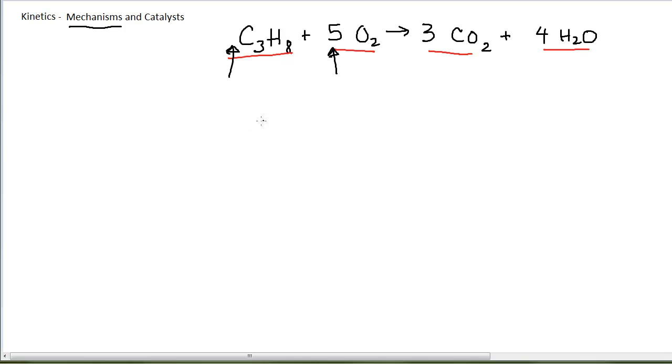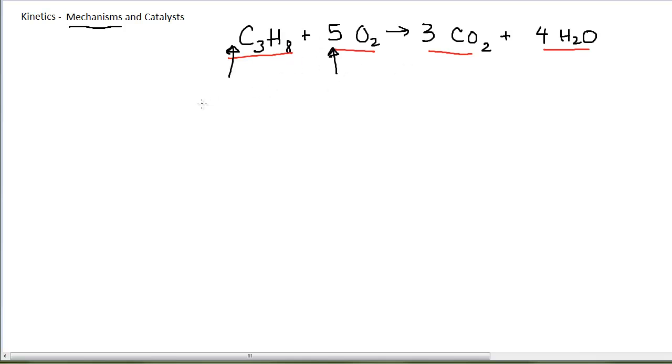A mechanism is a set of elementary steps, simple chemical reactions that literally do represent who's bumping into what and what is resulting from that bumping into each other. It's a series of steps which would ultimately lead to this reaction overall. So we would see the series of steps which would give us this balanced reaction overall.